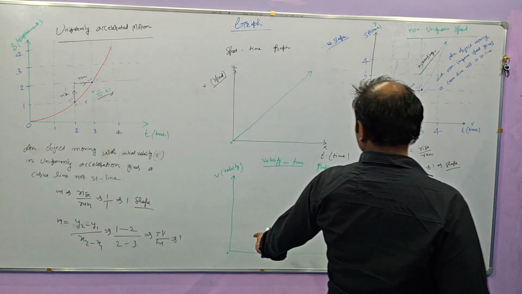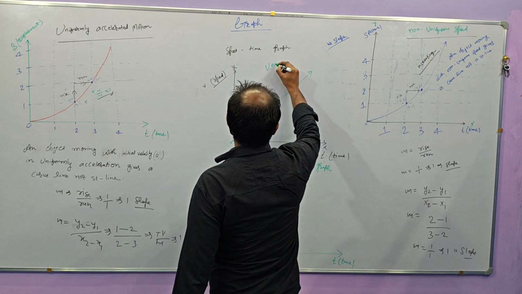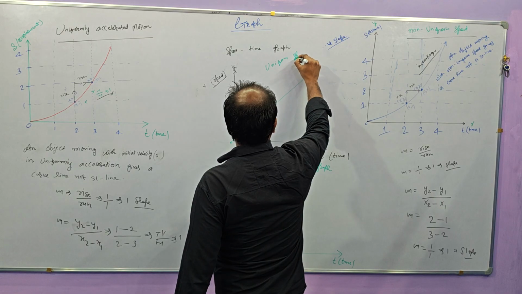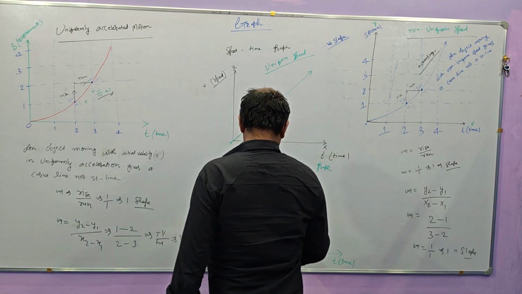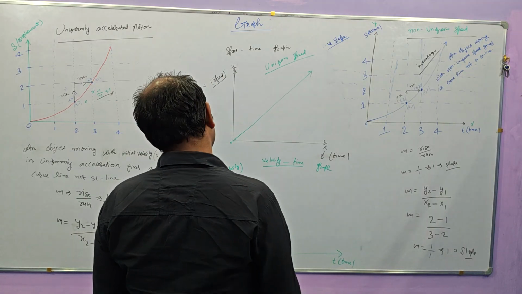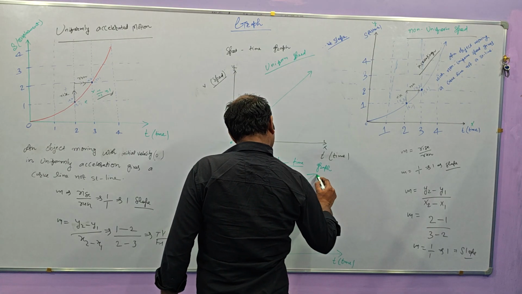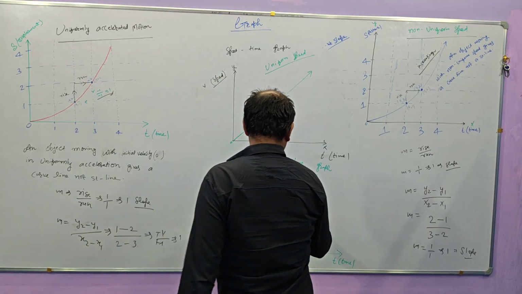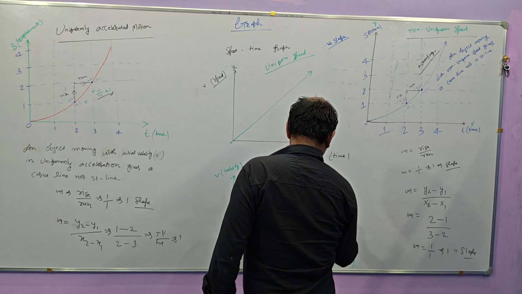In a similar way, when we have a uniform speed with 0 initial velocity, that also goes with a straight line. Speed is uniform.